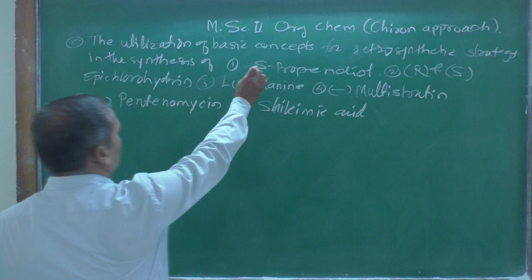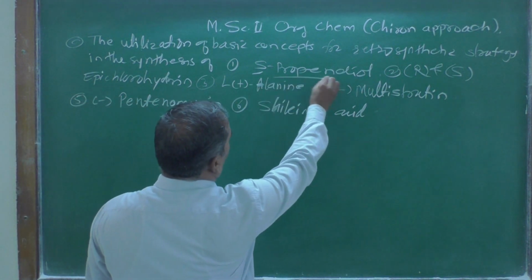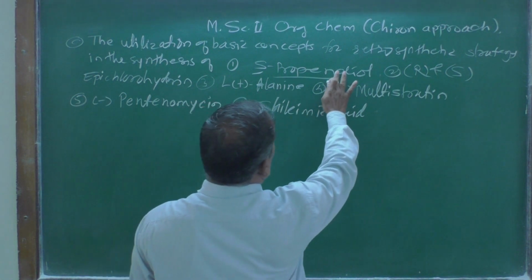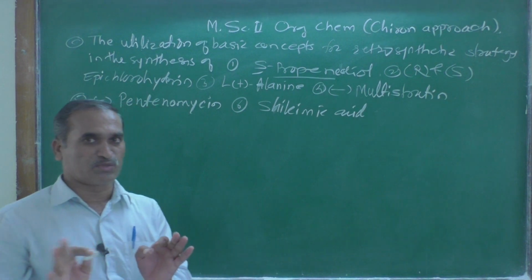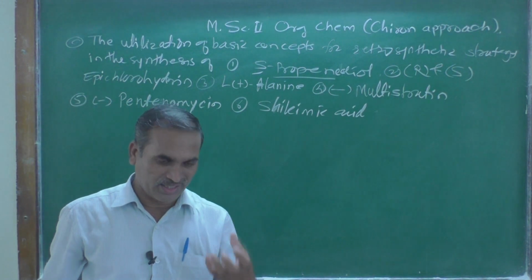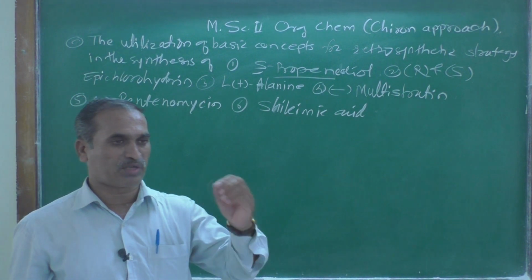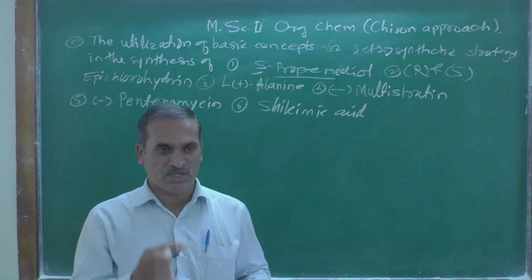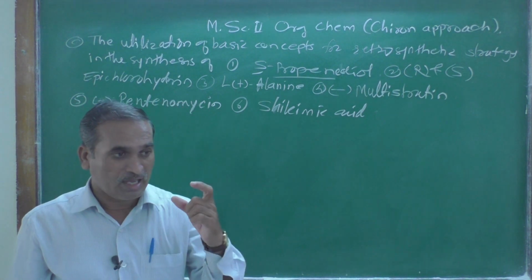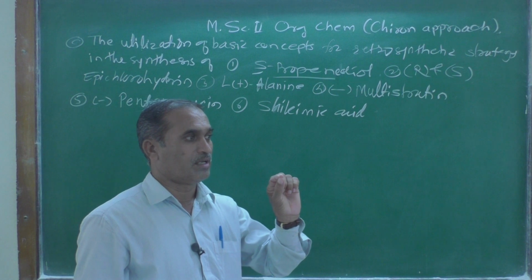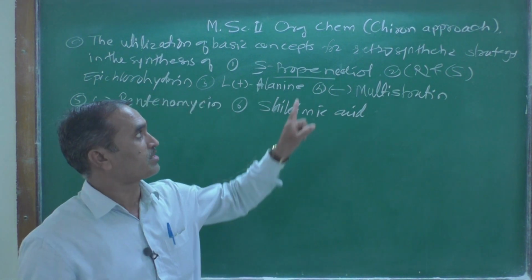So let us see the propane diol. Look here, this is a propane diol. Diol means, as we already learned while doing protection and deprotection, a vicinal dihydroxy compound is known as a diol.